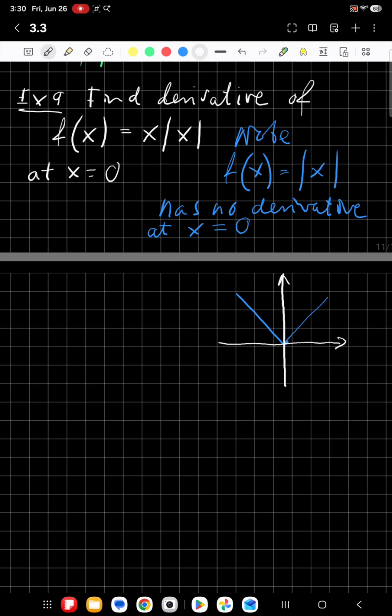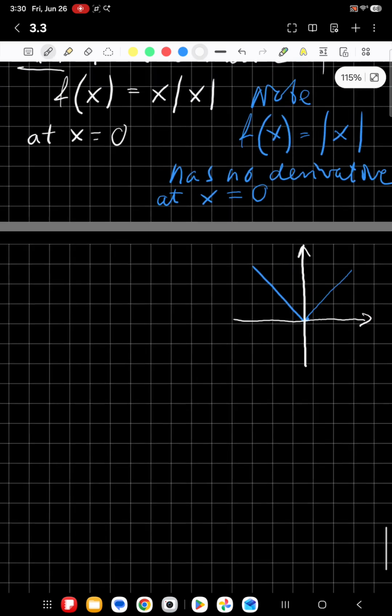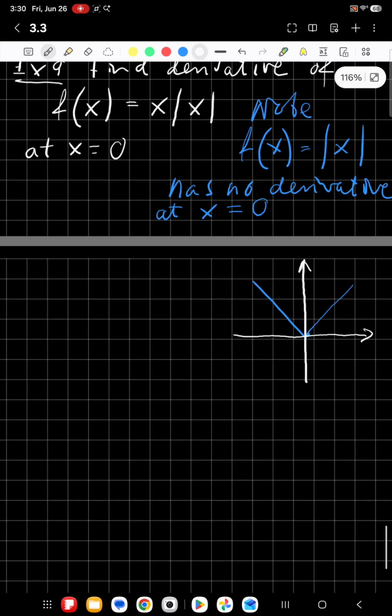Okay, so let's try to figure out what's going on. I have f of x equals x times absolute value of x. So let's see what's happening. If x is greater than 0, so I'm plugging in numbers bigger than 0, then our function is simply f of x equals x squared.